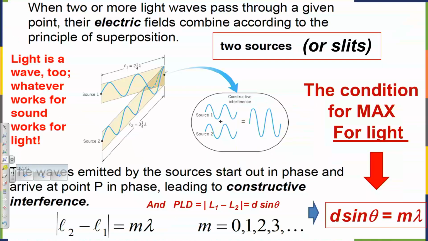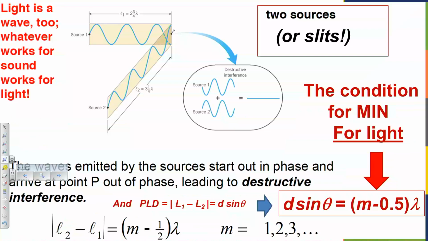Well, the picture, the condition. We could have done similar reasoning for the minimum. Path length difference still equals d times sine theta, but for the minimum it should be equal to a different combination.